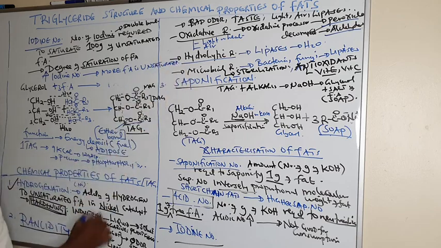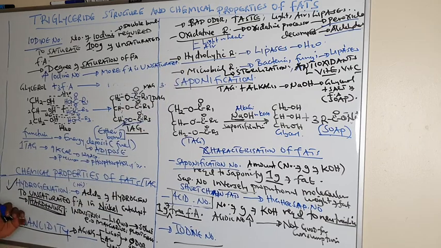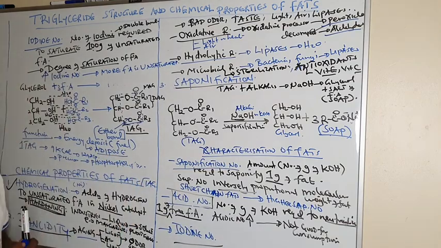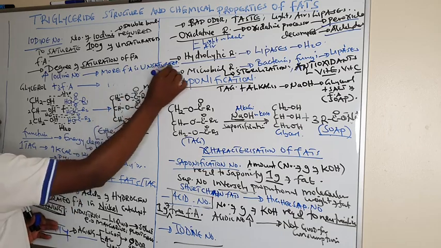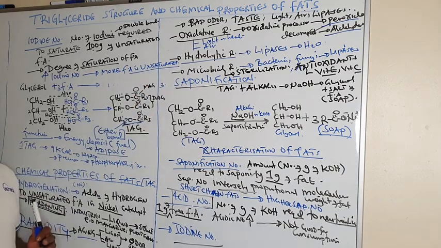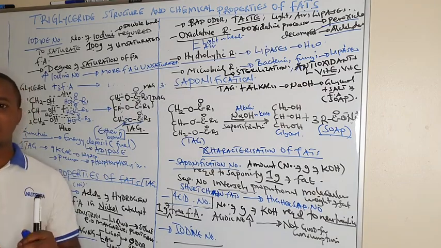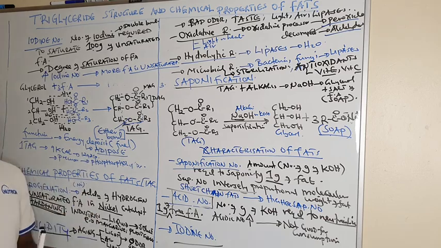So we are using the iodine number to distinguish between saturated and unsaturated fatty acids, whereby unsaturated fatty acids have higher iodine number compared to saturated acids.